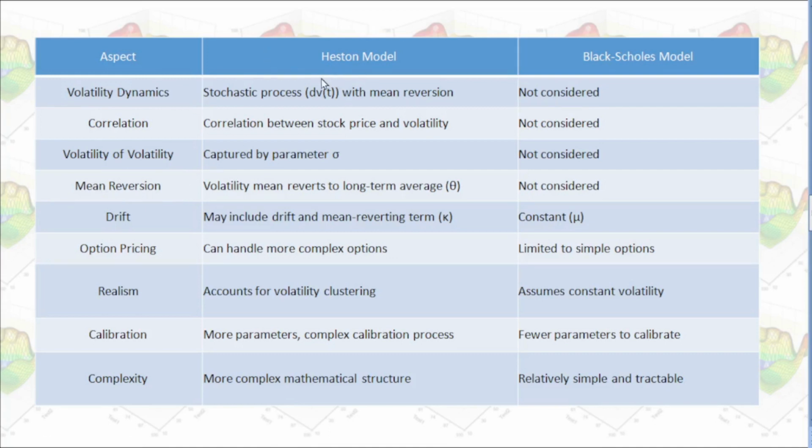But Heston model considers all those 4 factors. The Black Scholes model has a constant drift, but Heston model may include drift and mean reverting term.